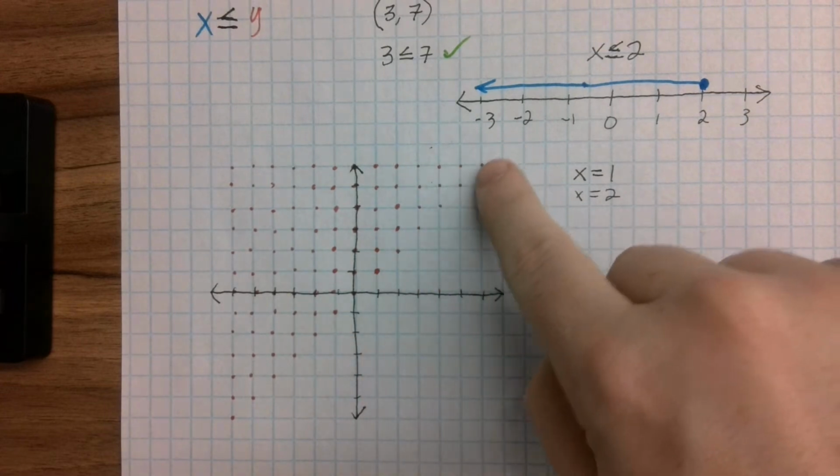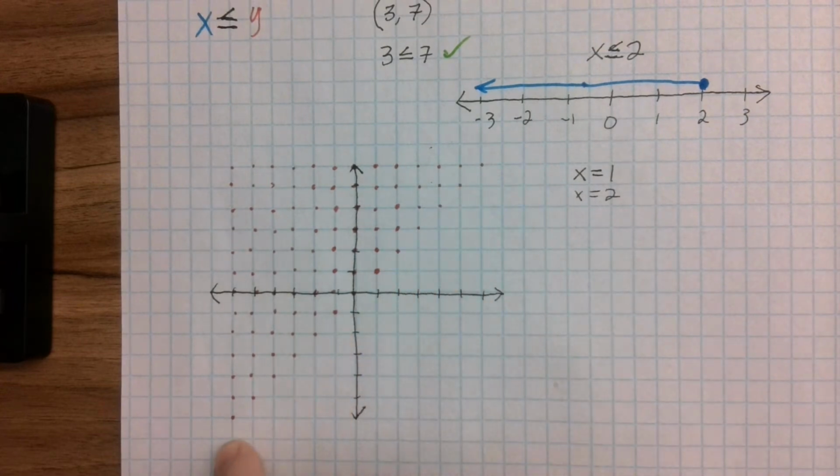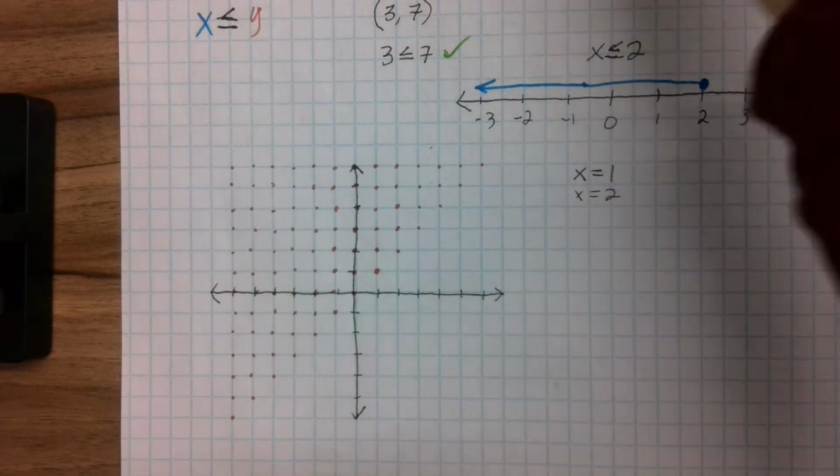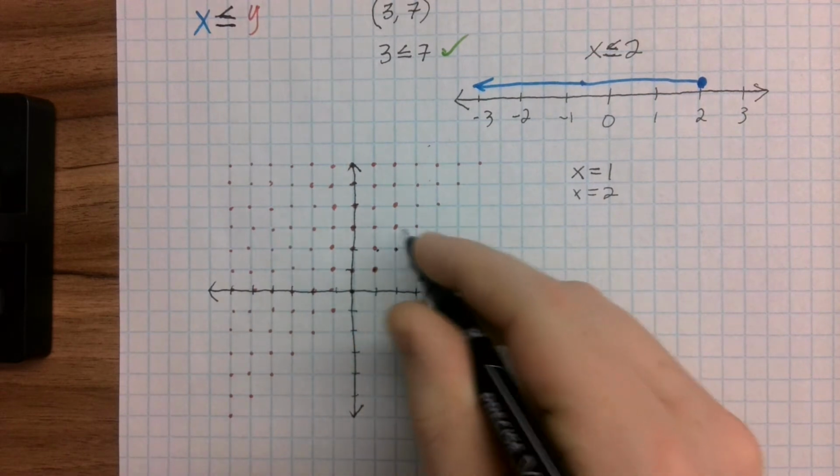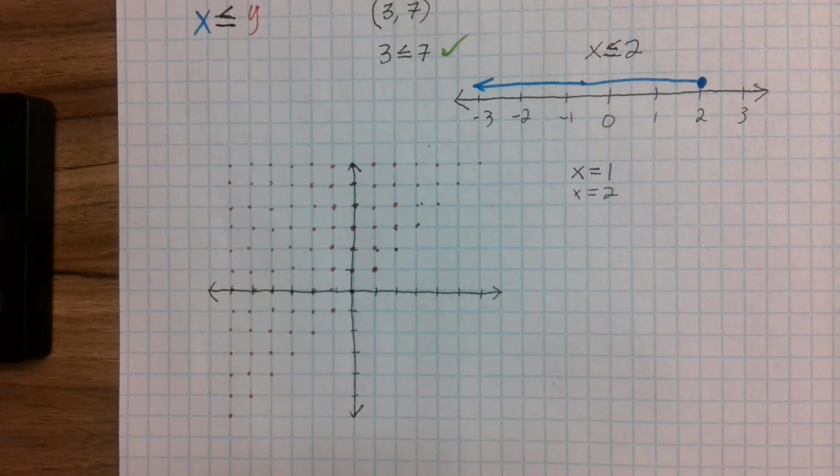This line, this imaginary line where these points go through, has a name. Let's figure out the equation of that line. The line that starts at 0 and goes up 1 over 1, up 1 over 1, up 1 over 1, up 1 over 1.